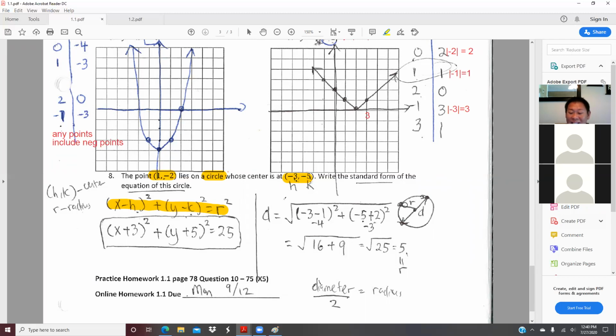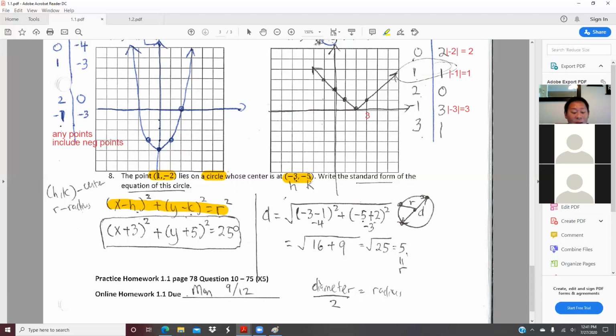So if you can find the distance between the center and the point, that is your radius in this case. So what I did here is use the distance formula: x2 minus x1 squared, y2 minus y1 squared, and that came out to be 5. And then what do I do with it?